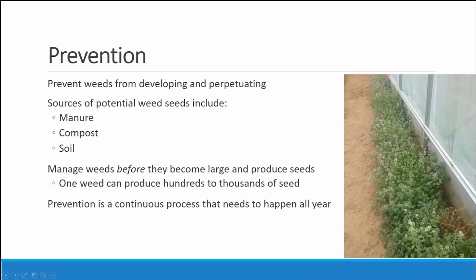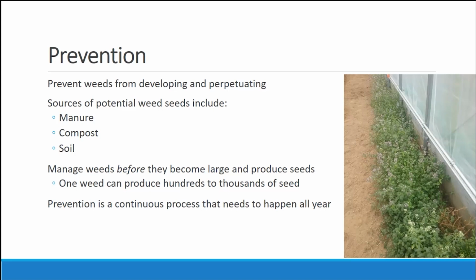So here's a photo on the right. These weeds are really common in high tunnels, especially in cool weather. These weeds become an issue because the tunnel stays warm enough compared to the outside, and you can have quite a bit of weeds in cool temperatures.